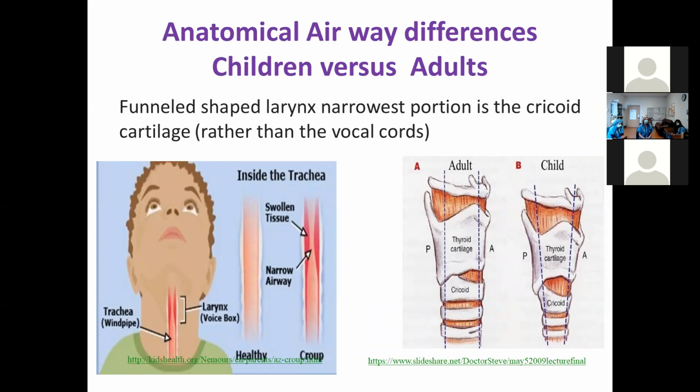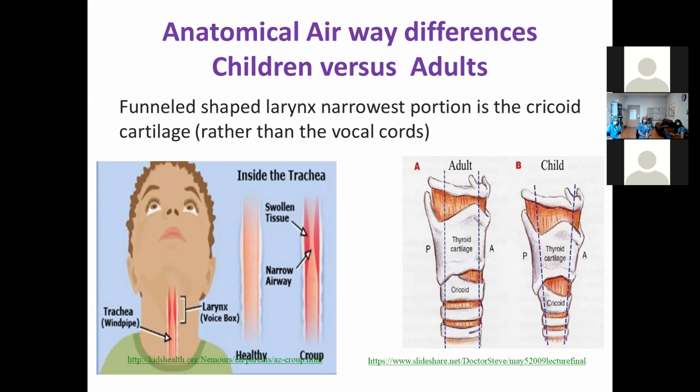Okay, so another very significant airway difference is the shape of the airway. As you could see, in adults the airway is more straight, versus the pediatric airway, which is more funneled or cone shaped.